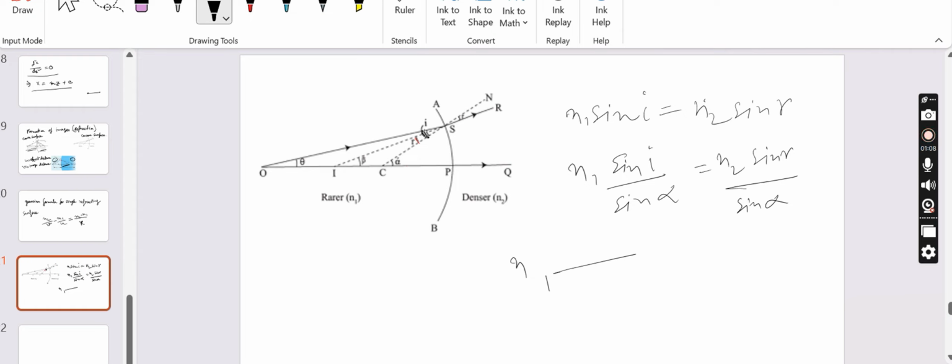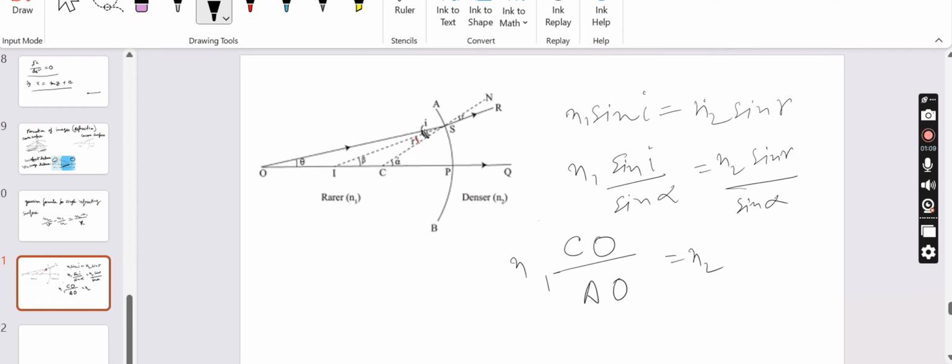That can be written as, this is sin i, so that can be written by CO, and sin alpha can be written by AO.